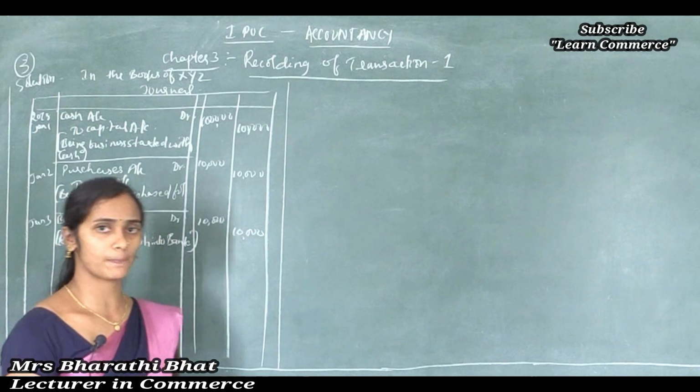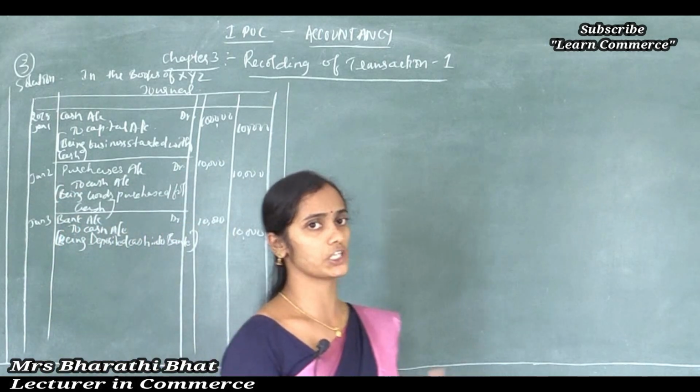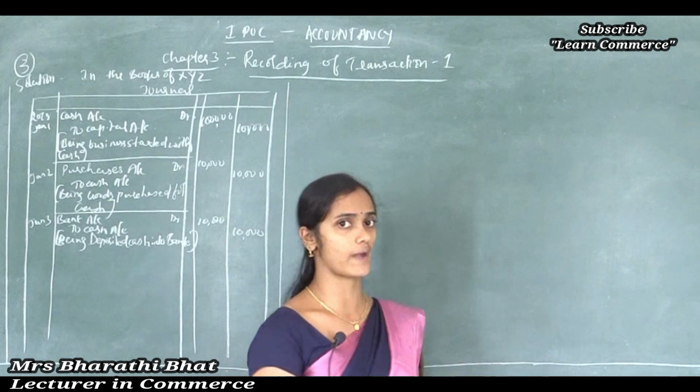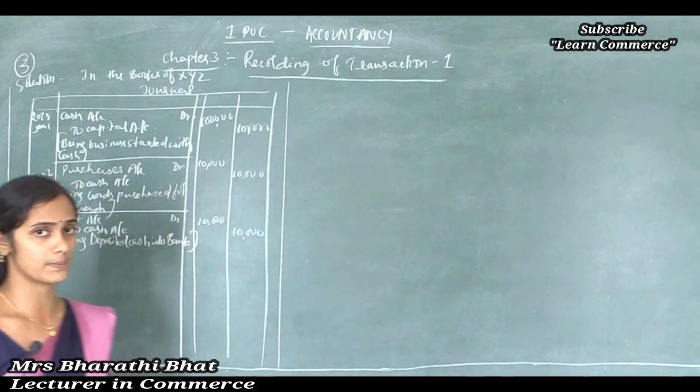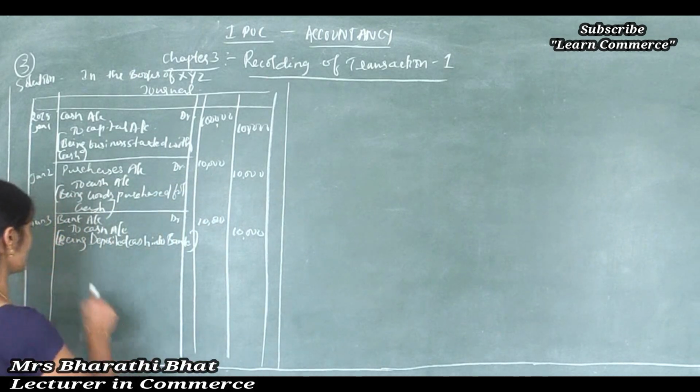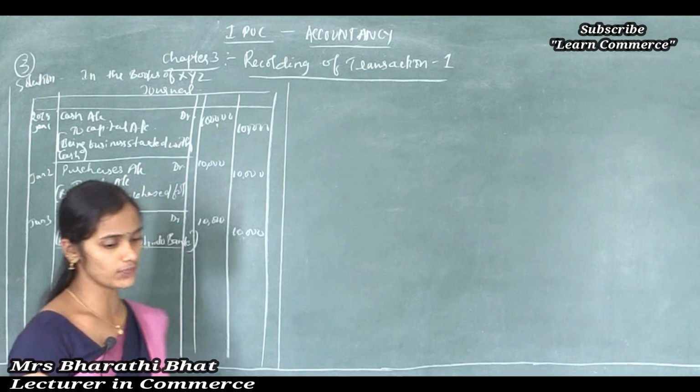See, when we deposit cash into bank, our bank shows increased value and cash shows decreased value. Increase in asset is to be debited, decrease in asset is to be credited. So bank account debited to cash account.